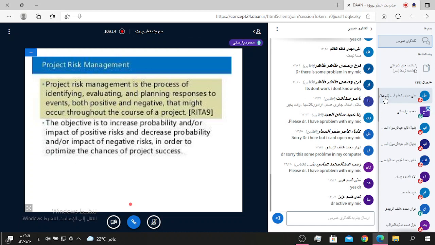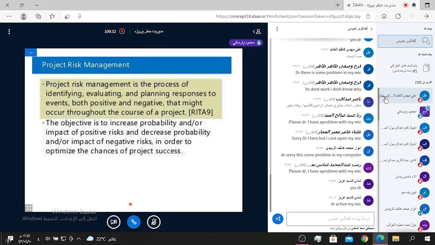And about project risk management, the definition of risk management and the steps of risk management in general, not in detail. The definition of the activities that we will deal with in project risk management.